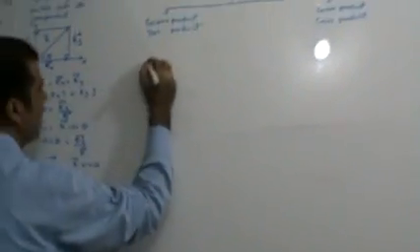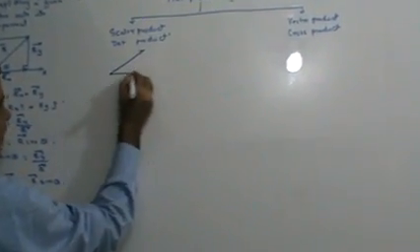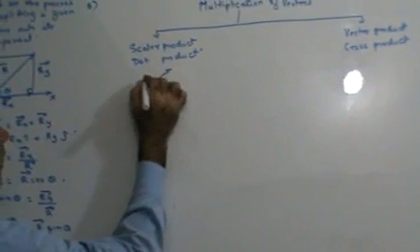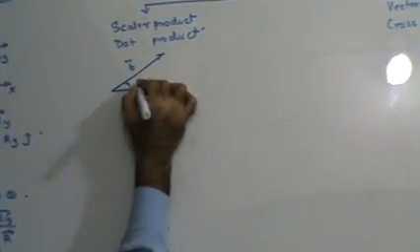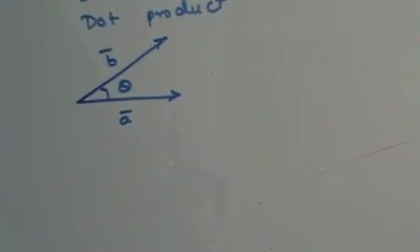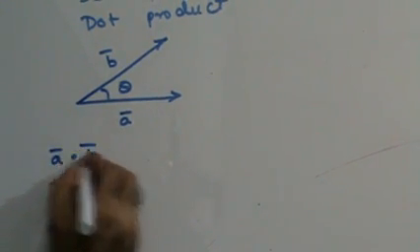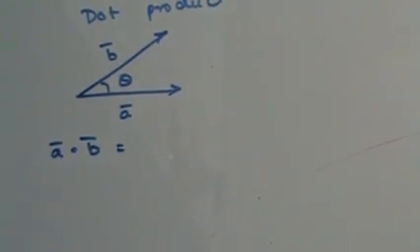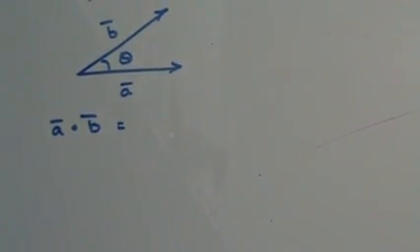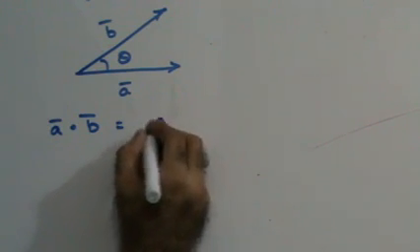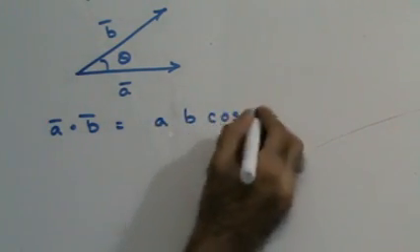Now let's assume that I have two vectors, A vector and B vector, and I have an angle theta between them. How do I multiply these two vectors such that I multiply only their magnitudes? A vector dot B vector, it is written as dot. A vector dot B vector is AB cos theta.